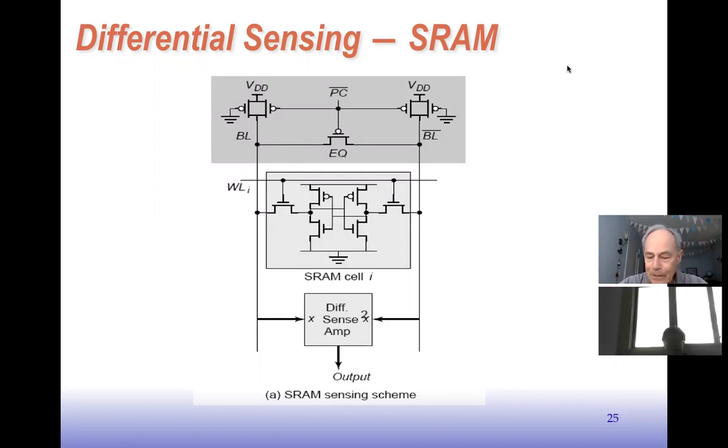So the nice thing about SRAM is this is all built up. Even though we use some analog circuit techniques, like in the sense amp, for instance, we can build this easily out of standard transistors that we use for logic circuits.